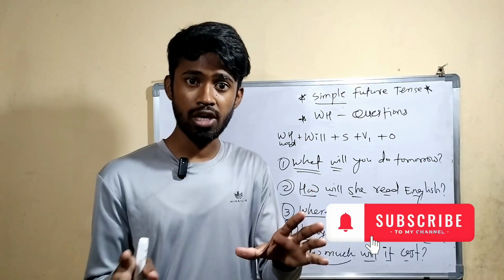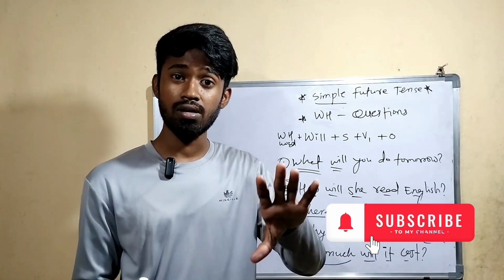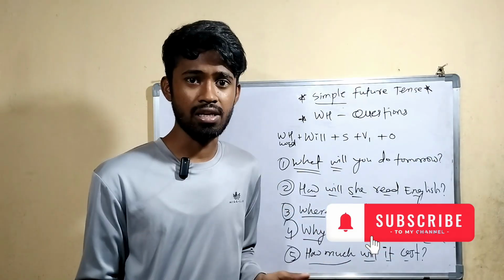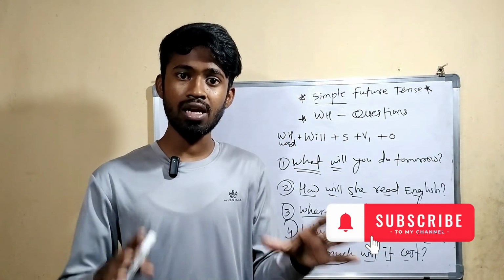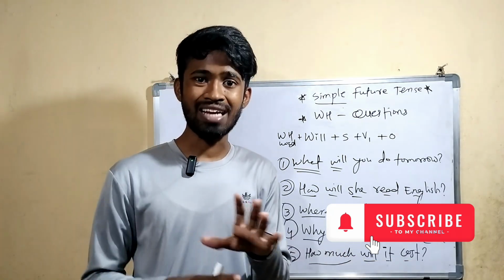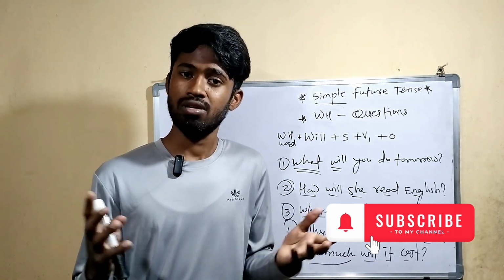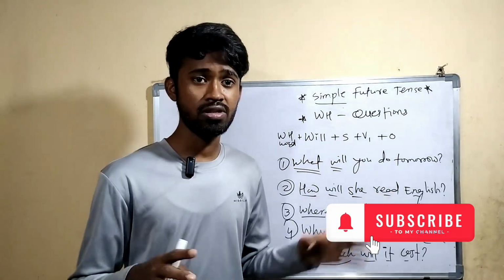In WH questions, first the WH word will be there, and after that the helping verb will be there in any sentence. What is the helping verb here? That is will. So first WH word will be there, after that will. Okay. So if you practice like this, it is very easy. So this is all about simple future tense.